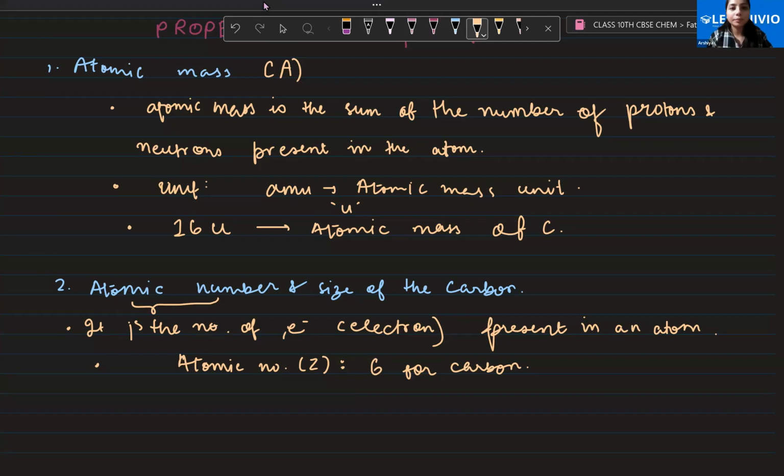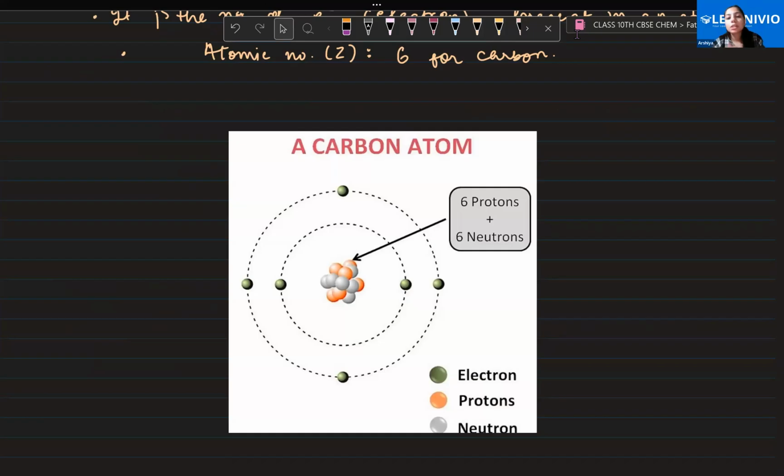So this is a carbon atom. You can see 6 protons and 6 neutrons.